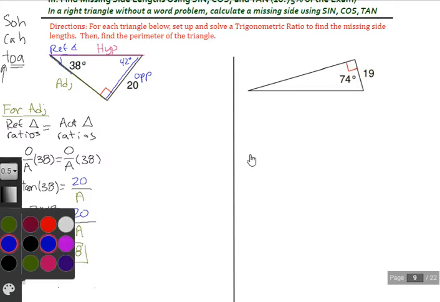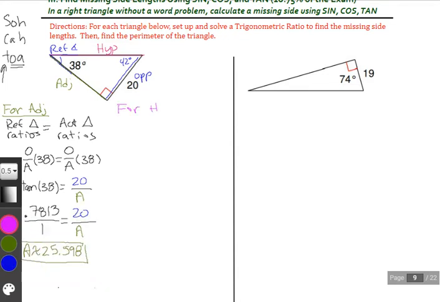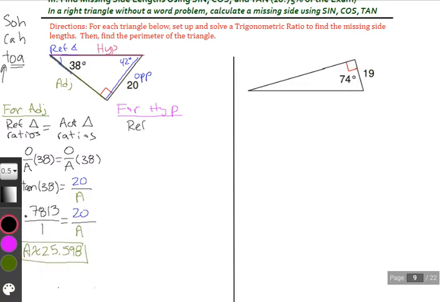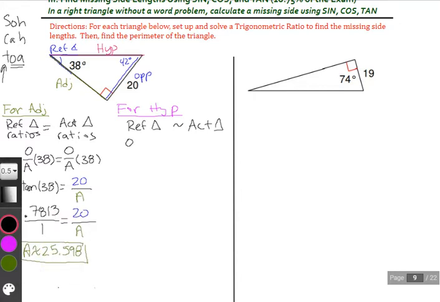Okay, so for the hypotenuse, I actually prefer taking the trigonometric route. I think it's actually faster, so I'm going to do that. So the reference triangle is similar to the actual one. So if we're going to solve the hypotenuse, I was given the opposite side is 20, so opposite over hypotenuse shall be my ratio, using 38 degrees as a reference.